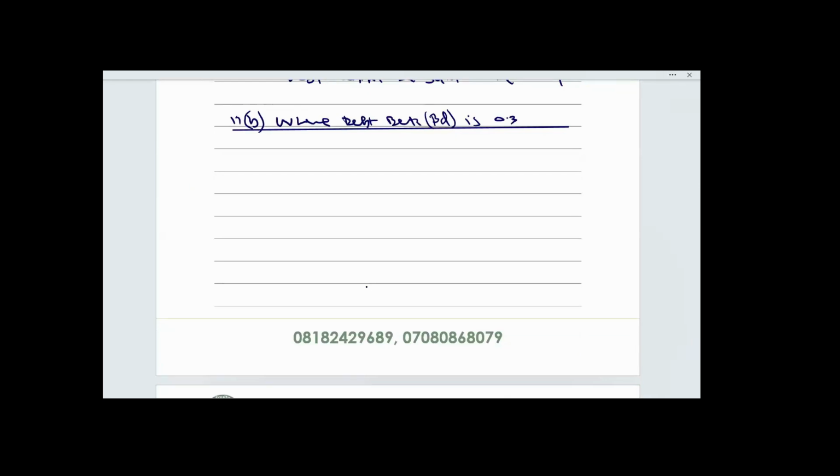Since debt beta of 0.3 is given, you need to recalculate the project's specific cost of capital as follows.